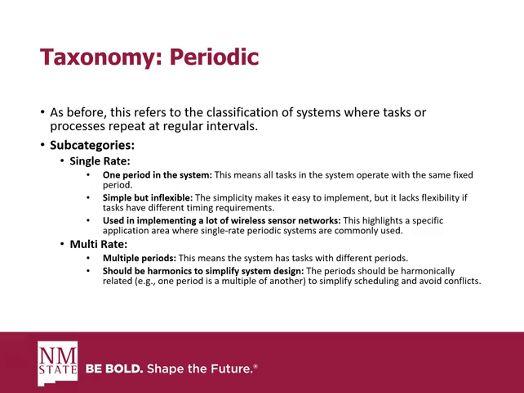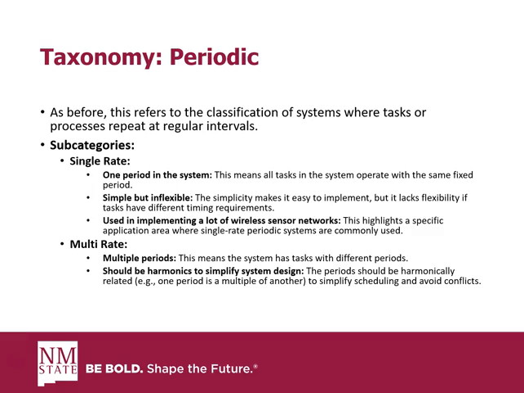This makes it simple but inflexible. While easy to implement, it lacks flexibility if tasks have different timing requirements. This approach is used in implementing a lot of wireless sensor networks. This highlights a specific application area where single rate periodic systems are commonly used.